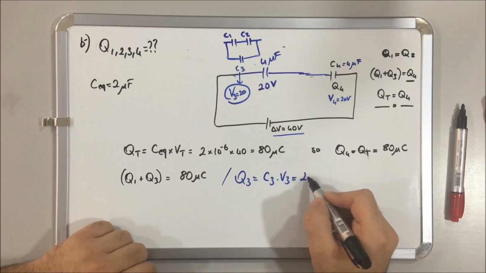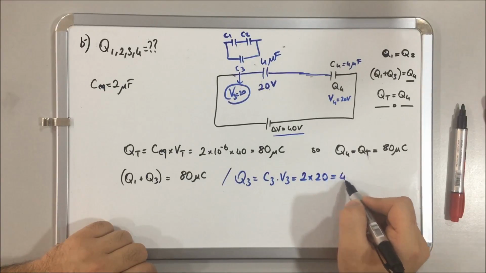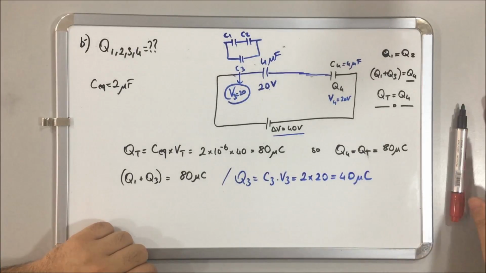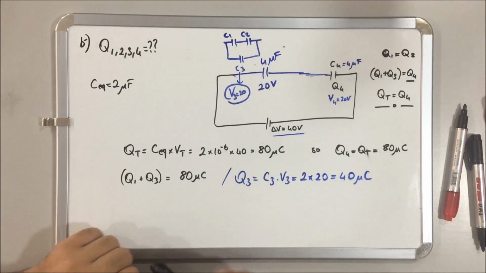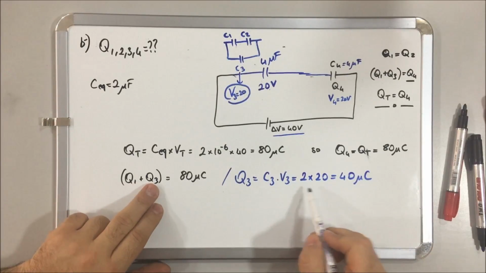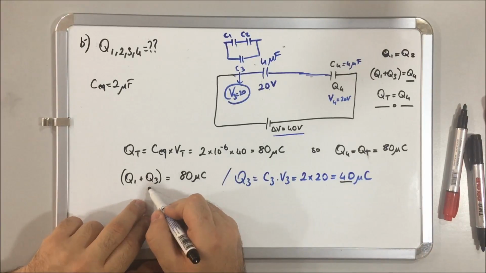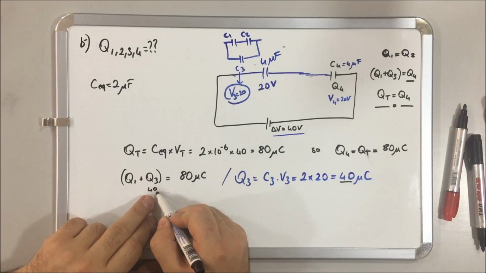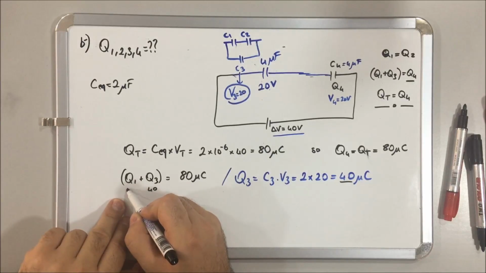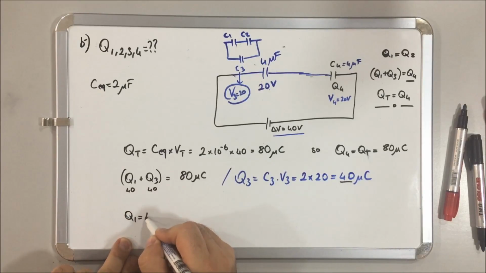C3 is equals to 2 microfarad times V3 is equals to 20. So it will be 40 microcoulomb. And I know Q1 plus Q3 is equals 80. Q3 is equals 40 microcoulomb. Q1 must be 40 microcoulomb.